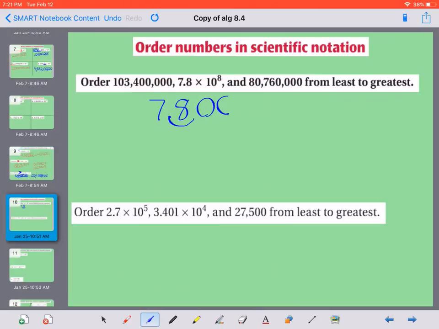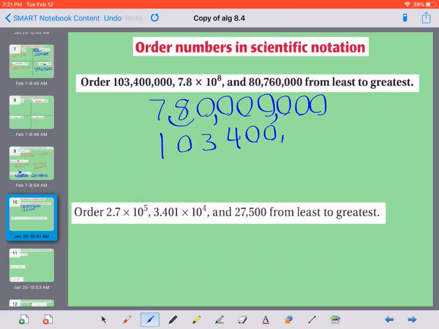So 1, 2, 3, 4, 5, 6, 7 zeros. So we have that number. We have 103,400,000, and 80,760,000.